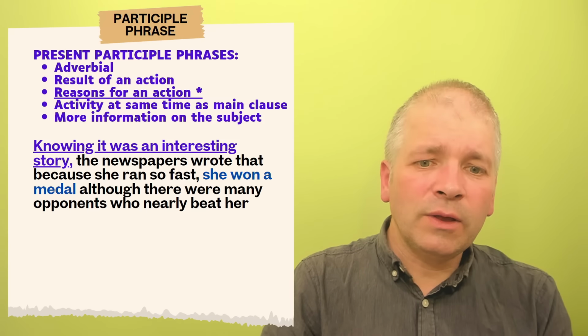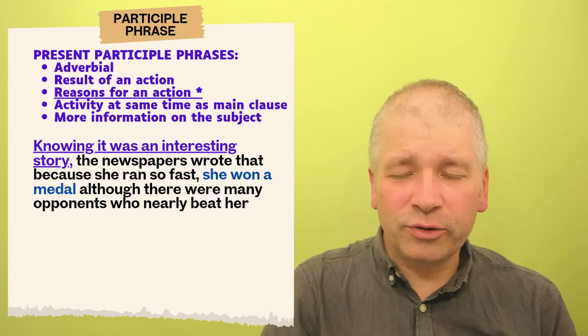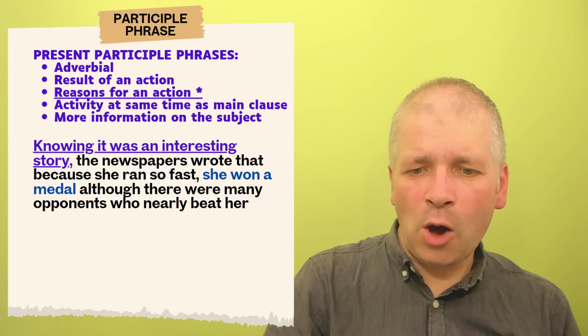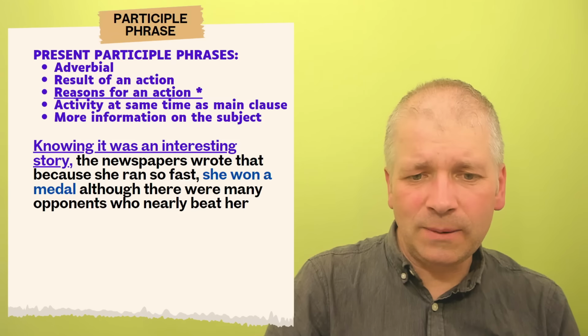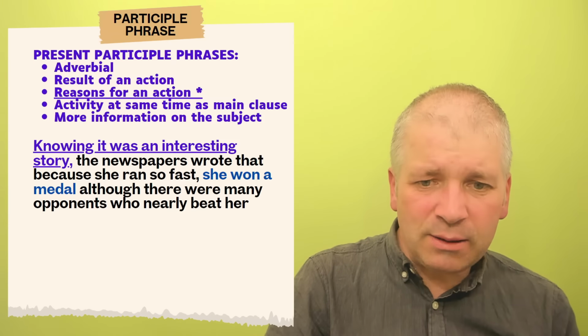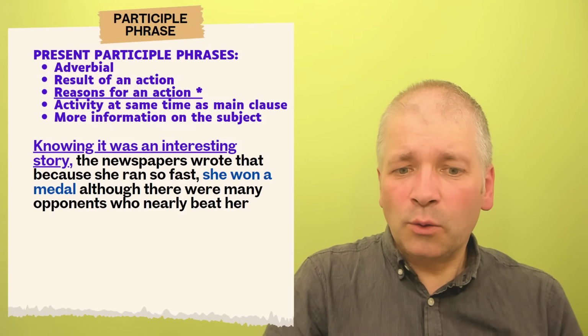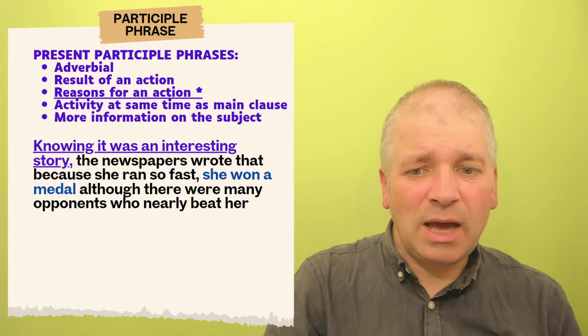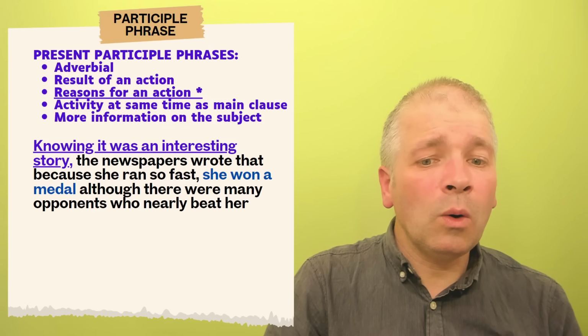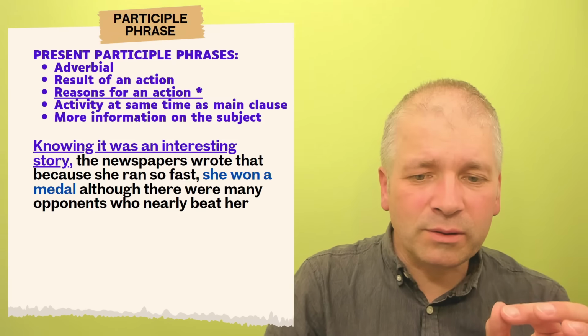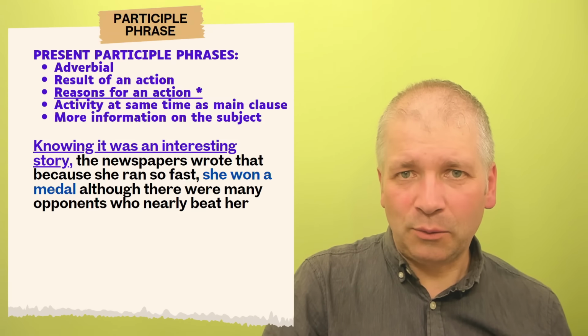And in our example here, we are introducing the reasons for an action. Knowing it was an interesting story, that gives the reason why they wrote about the story. It can also describe an activity at the same time as the main clause or give more information on the subject of the main clause.